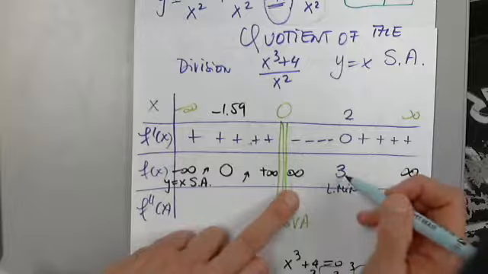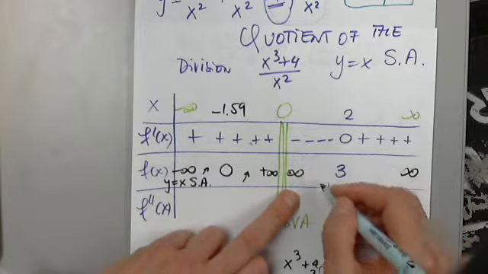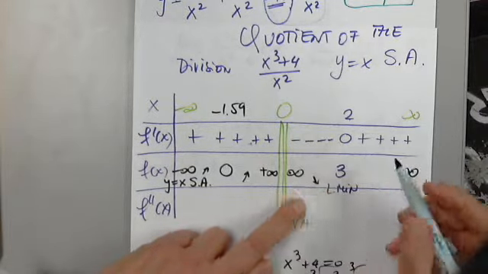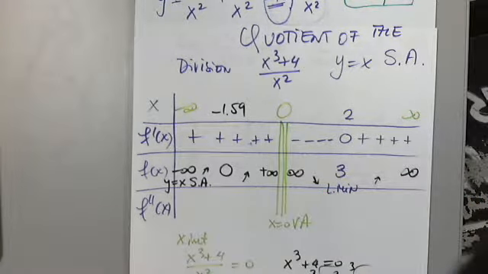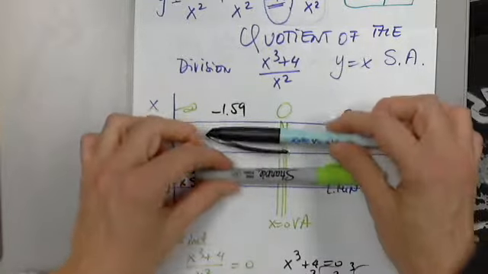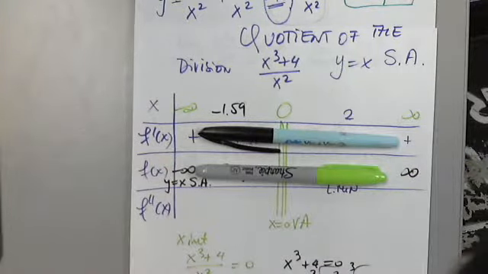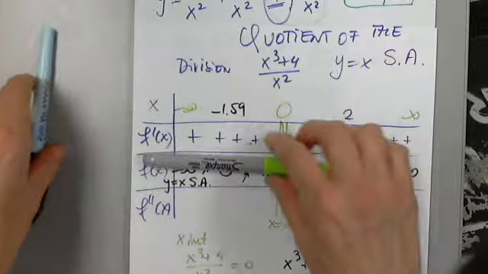Now, from infinity to 3, yes, and it's supported by the sign of the derivative, and from 3 to infinity, it increases, supported by the sign of the derivative. It is unlikely that we make a mistake in both. So that's the way we really catch our mistakes.